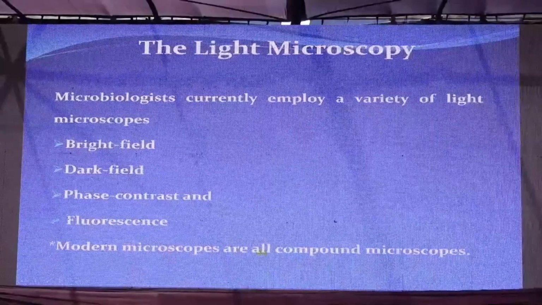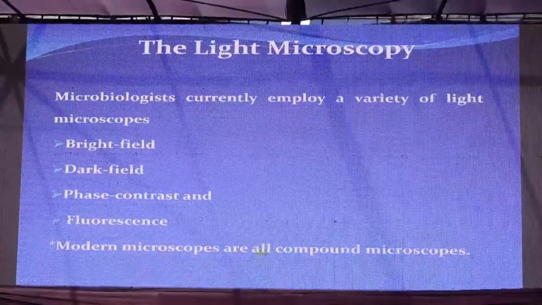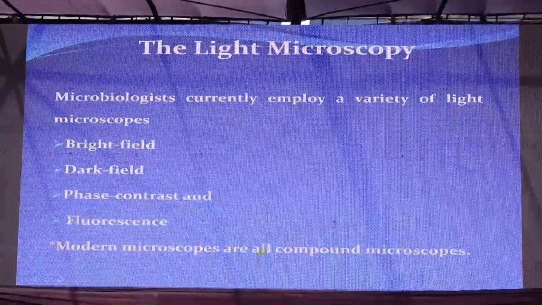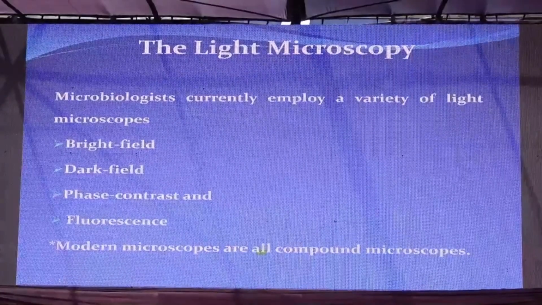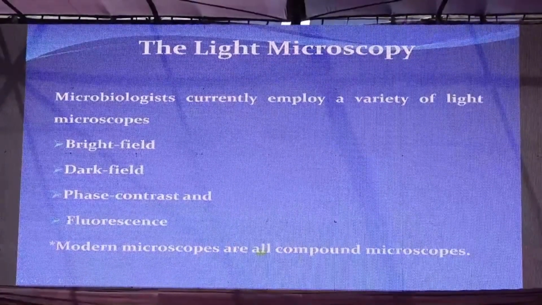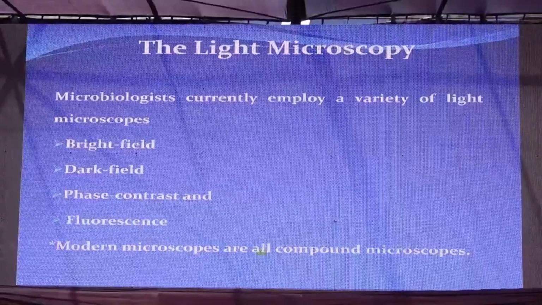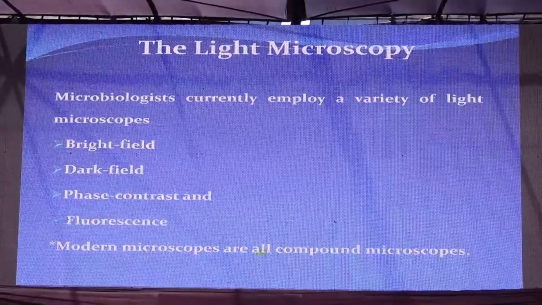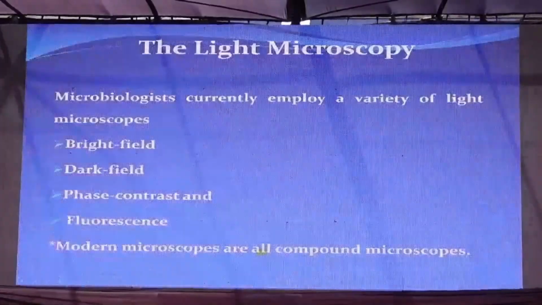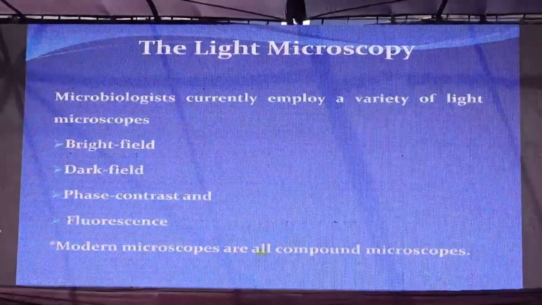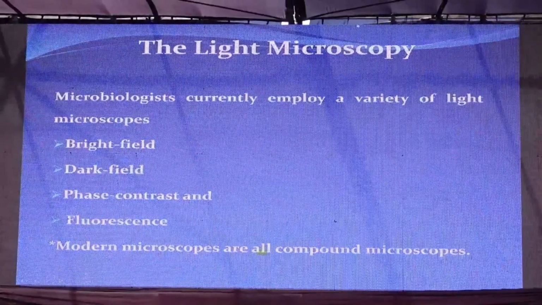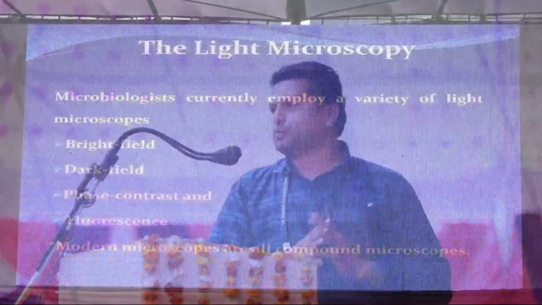Whenever we talk about microscopy, there are two types of microscopes, one is light microscopy, another one is electron microscopy. In all the institutes, labs, we have the light microscopes.